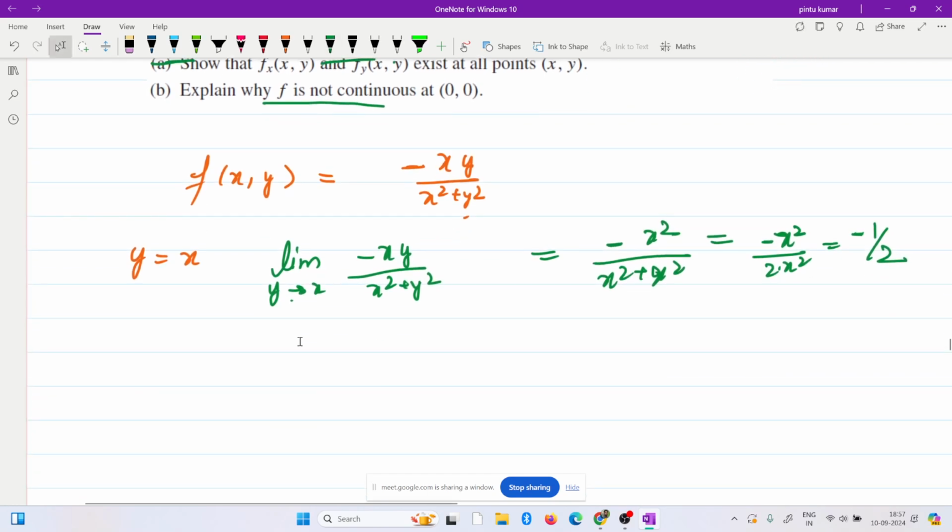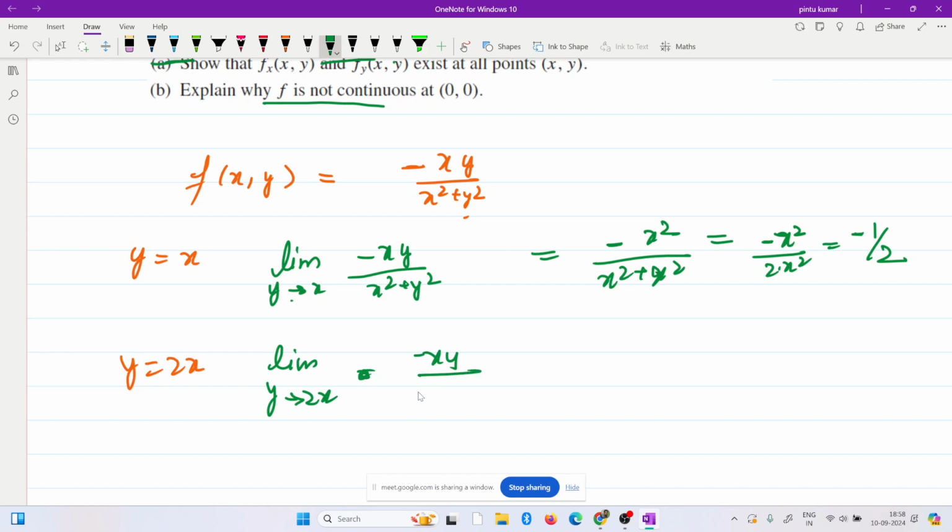Also, we can come to this point via the path y equals 2x. This is also a path that passes through (0, 0). So the limit as y tends to 2x of minus xy divided by x squared plus y squared is given by minus 2x squared divided by x squared plus 4x squared.